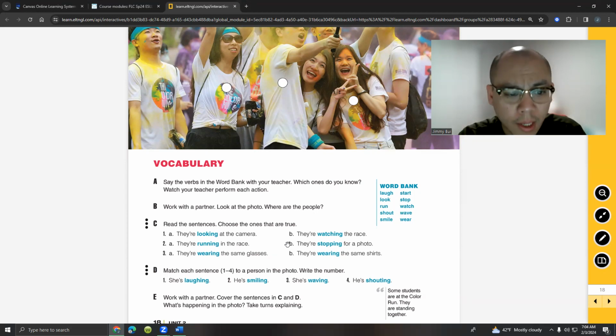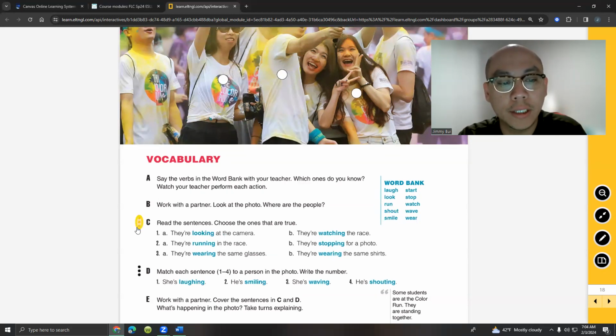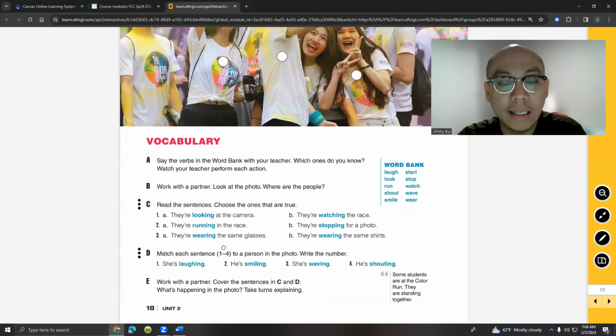Okay. So moving on, notice here in exercise C and D, all of these words highlighted in blue, we add ing to the word. And these words, again, are verbs, okay?